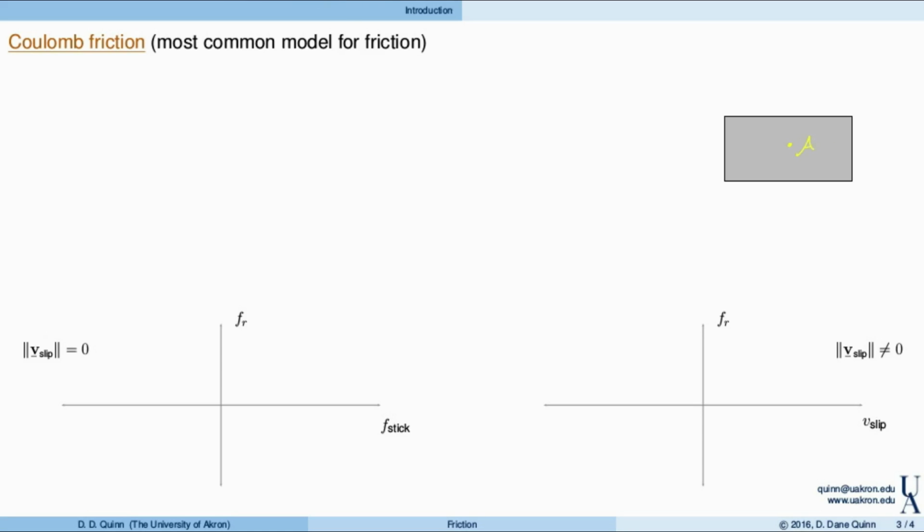Now the slip velocity is the slip in the tangent direction, and of course rewriting the normal and friction forces like so, this is the normal force, and this was the friction force. In order to properly define friction, we need to identify the force that would be required to maintain stick between the objects, and that we actually define as the sticking force.